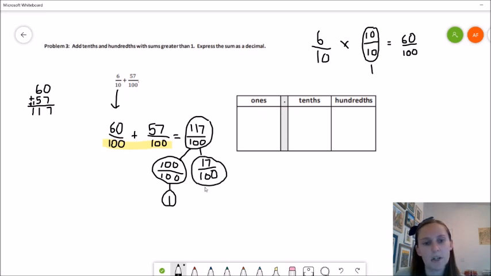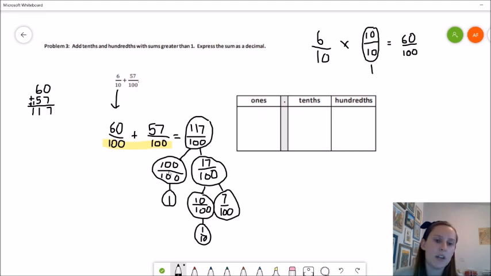Well, my 17 hundredths, I could decompose that into 10 hundredths, which is equal to 1 tenth. 10 hundredths and 1 tenth are equivalent, and 7 hundredths. So altogether, I have 100 hundredths, which is 1, 10 hundredths, which is 1 tenth, and 7 hundredths.